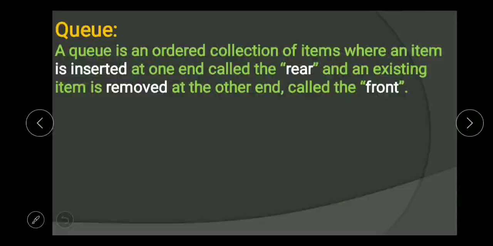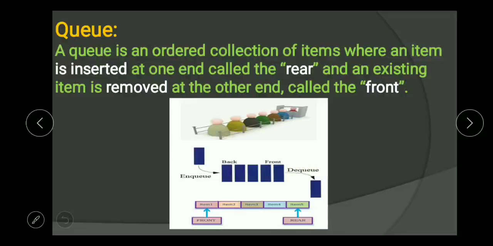Let us understand this concept with a real life scenario first. There is a ticket counter, a movie ticket counter, you can consider. Now there is no one in the queue.